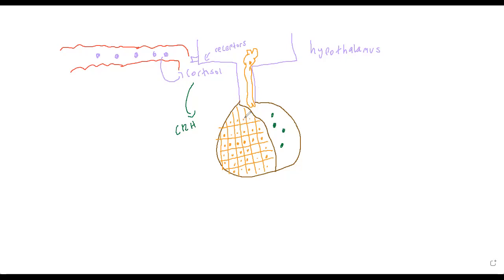Now, depending on the levels of CRH, the anterior pituitary is going to release a hormone called ACTH, as we talked about. And ACTH is received by a gland called the adrenal gland. It's found on top of the kidneys, actually. It's kind of shaped like a hat.